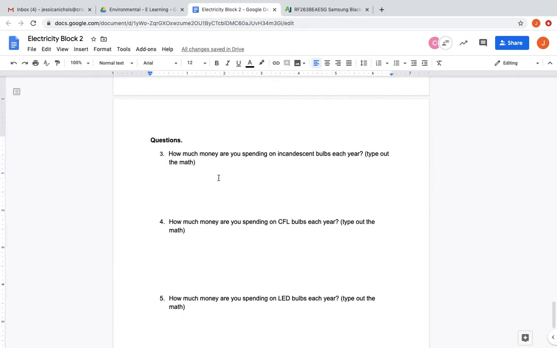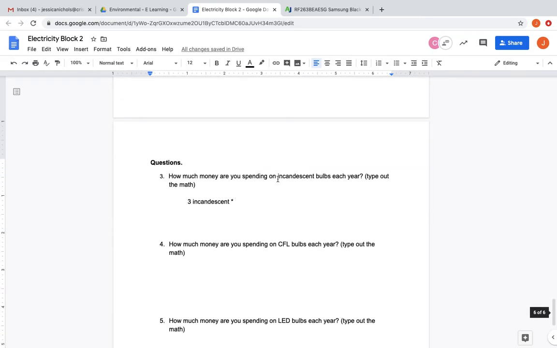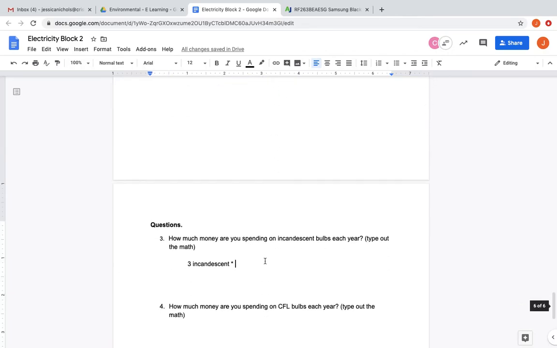So we're going to write 3 incandescent bulbs times the cost of an incandescent bulb, which is $9 each. Okay, see how that's $9 each, incandescent bulbs? So $9. And I'm going to do that math, and I'm going to say it costs me $27 a year to run all of those incandescent bulbs in my house, okay?